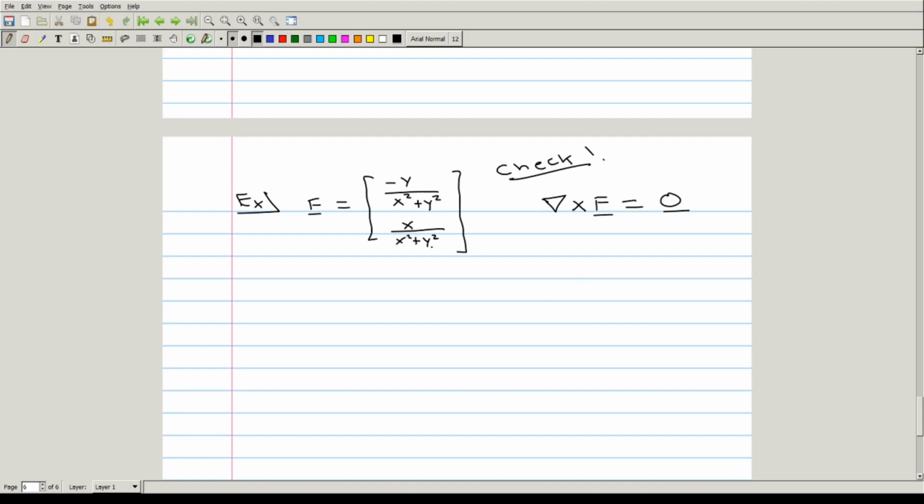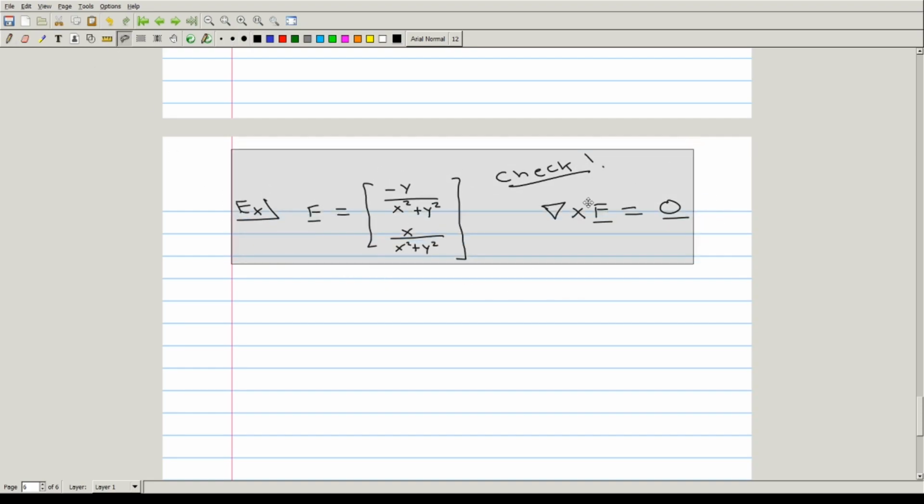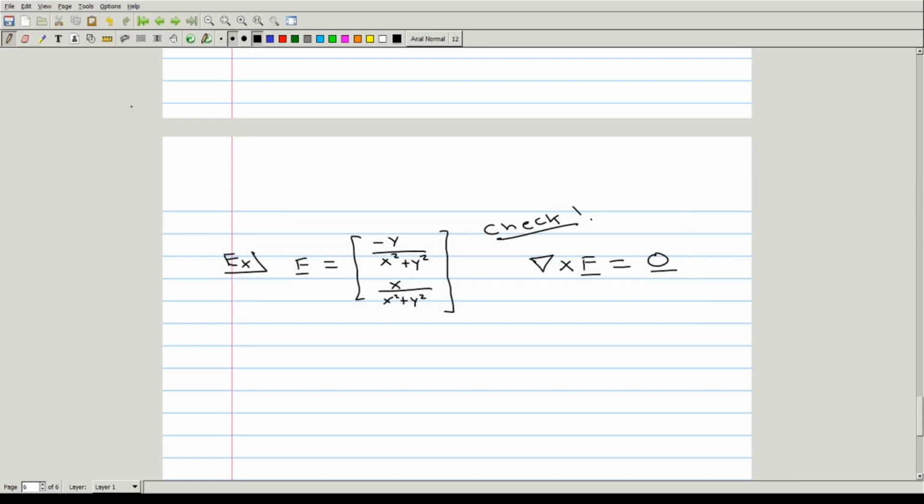And you'll remember that we had that previous theorem that was proven that said, recall, if the vector field f is conservative, then the curl of f is equal to 0.